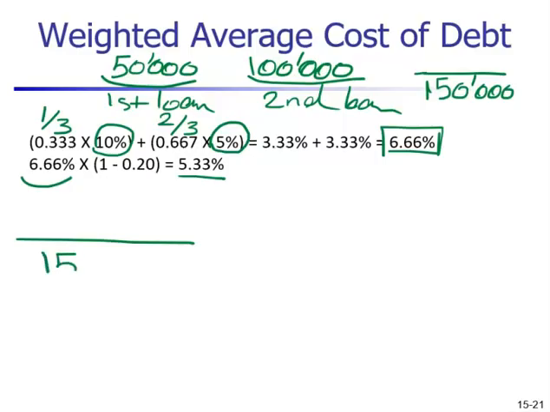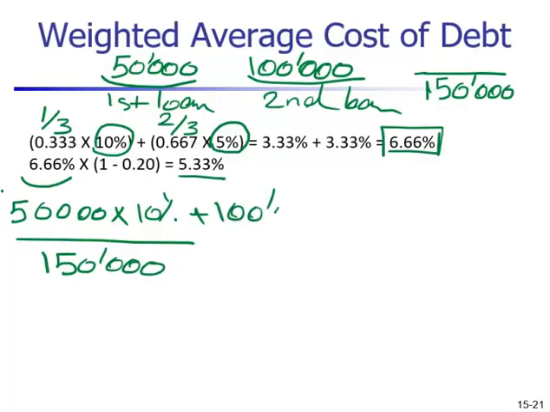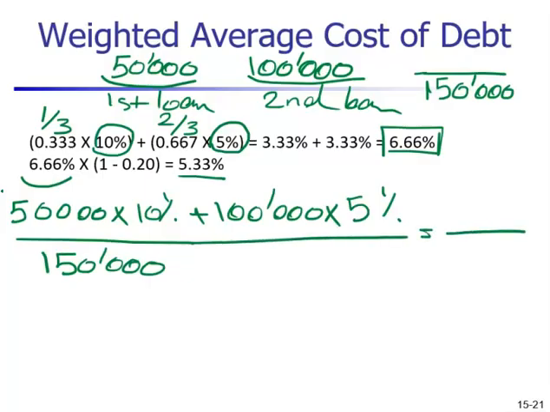So you have 150,000 is the total amount. And for that one, you have how much you are paying interest, 50,000 times 10% plus 100,000 times 5%. So 5,000, 5,000.